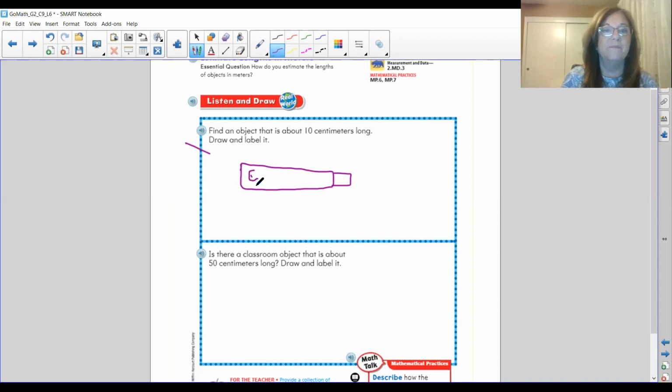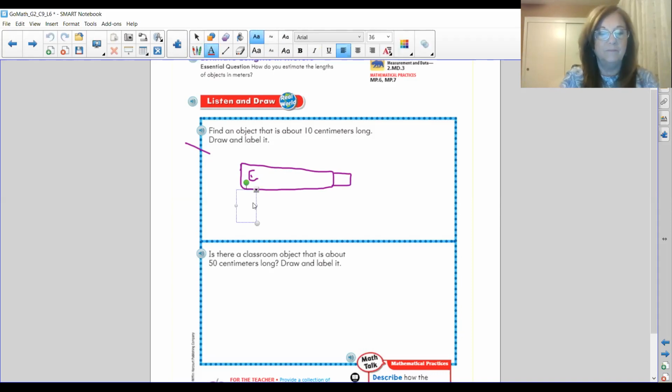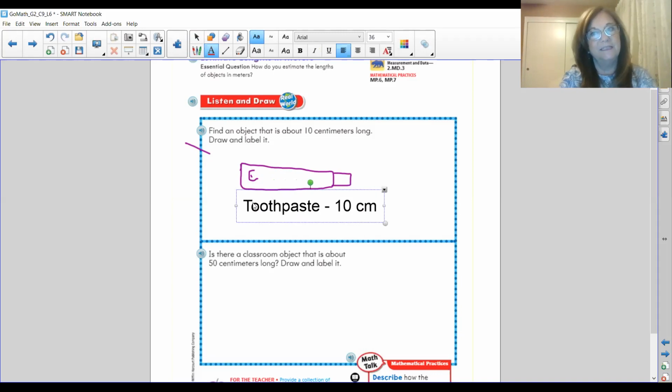Well, it said Crest, but down here I'm going to write toothpaste. Toothpaste, 10 centimeters. cm is short for centimeters.